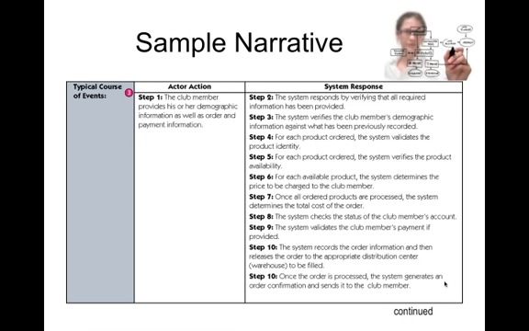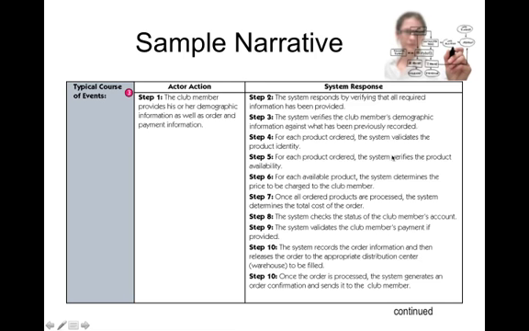Then we want to say, what are the steps? The club member provides his or her demographic information as well as order and payment information. The system responds by verifying that all required information has been provided. So that's basic editing, right? I just want to make sure that everybody's filled in everything right. It verifies the information against what they already have.